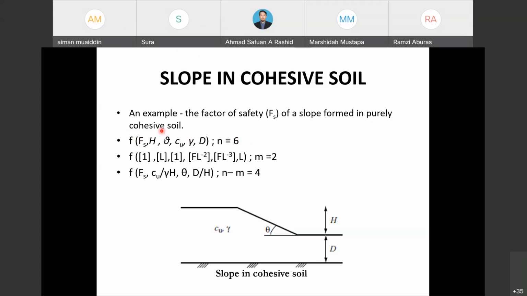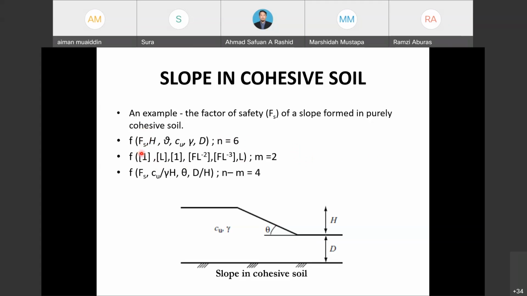This includes the input parameters and also the output. For each parameter, we need to derive the primary dimensions. For example, factor of safety is a ratio of stress over stress, which is the resisting force over the driving force, so it doesn't have any units.